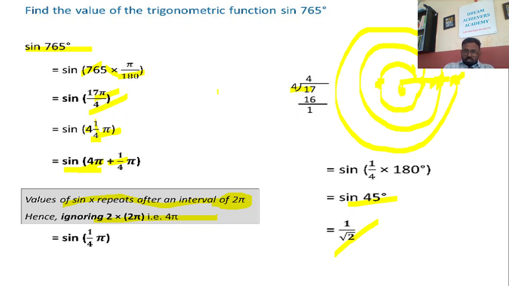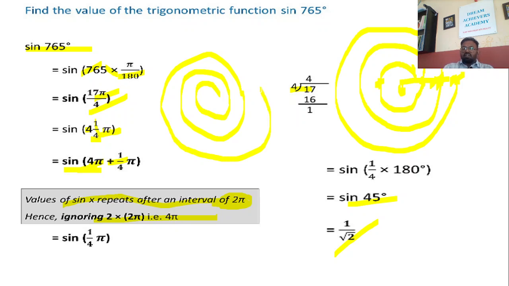Once again, one circle makes 360 degrees. One more circle makes 360 plus 360, 720. One more circle makes 720 plus 360. That is the way. So when the circle is repeating, we will neglect that value. So sin pi by 4, got it?